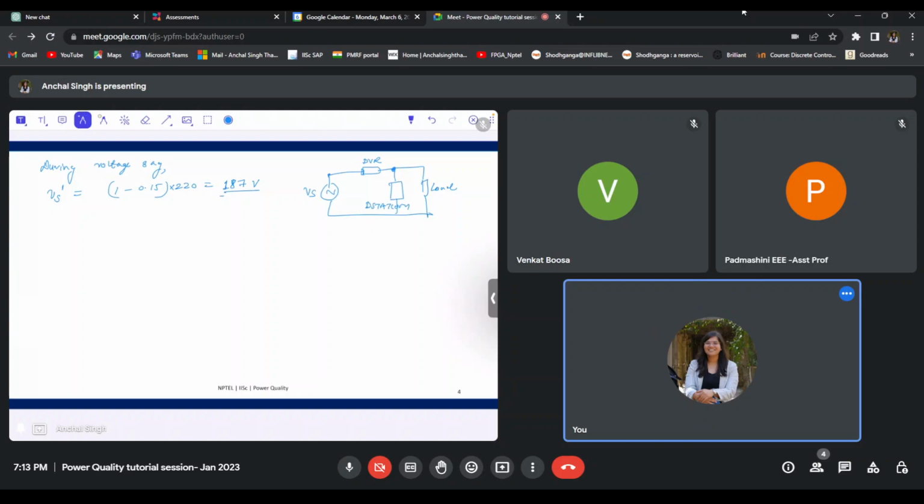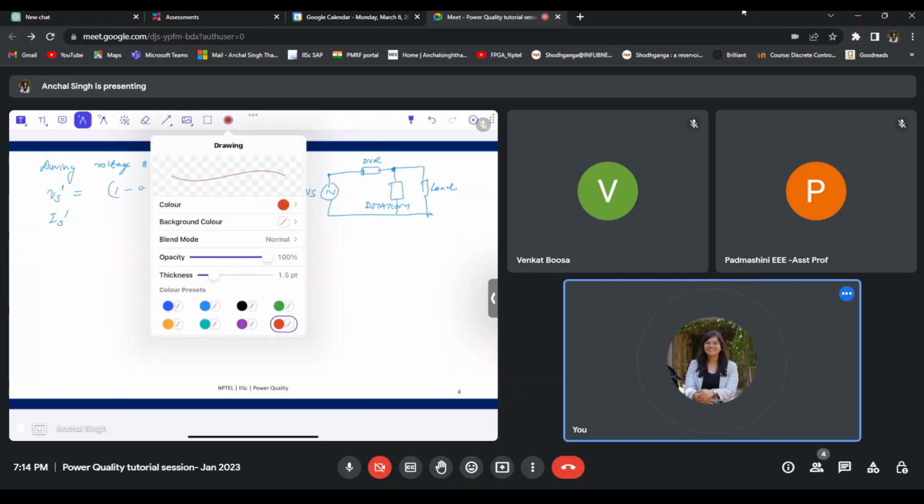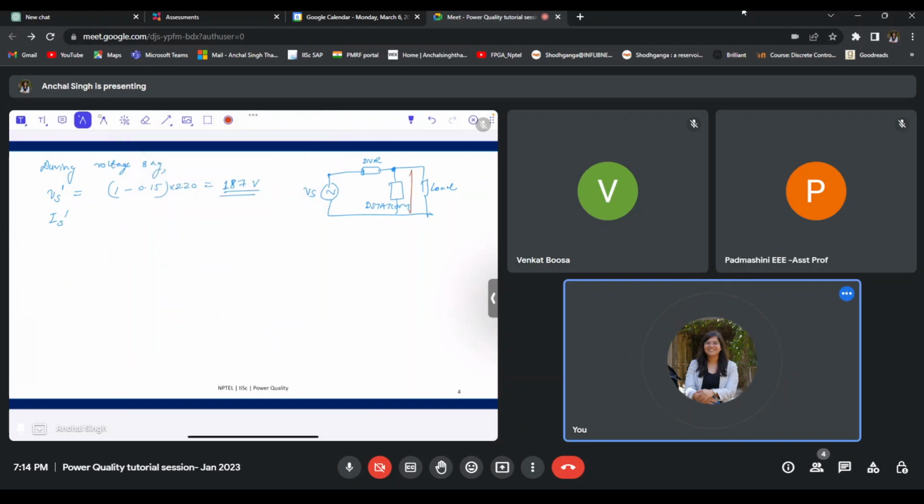Okay, so this is my sag voltage. Now, during sag, the supply current that will occur, this is my Vs dash. So my Vs dash is the voltage that will occur at this point. Now I know the power that the load requires and the current that will flow here.